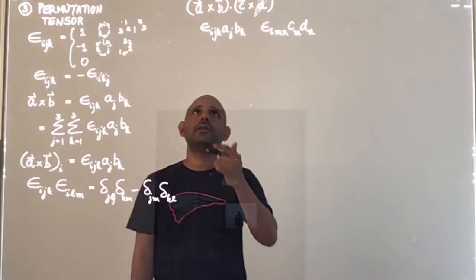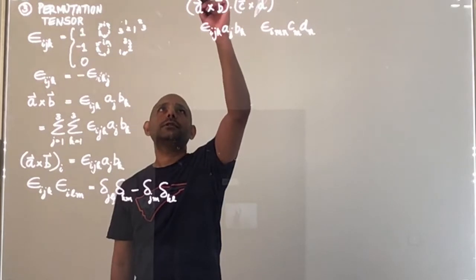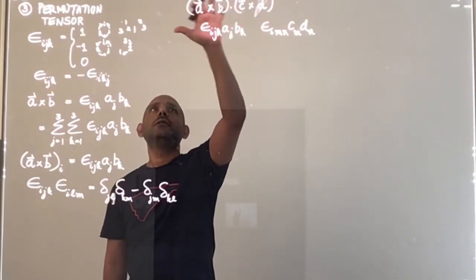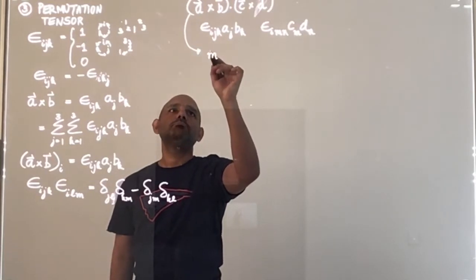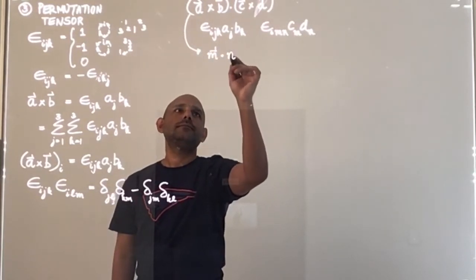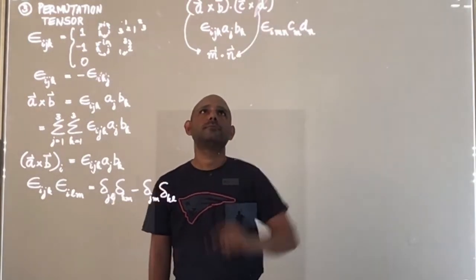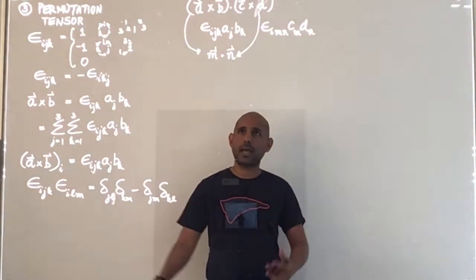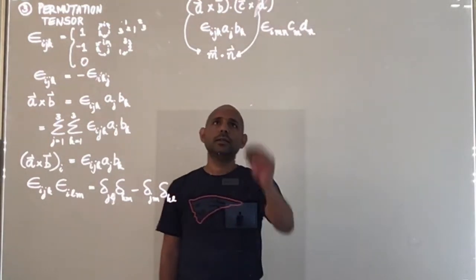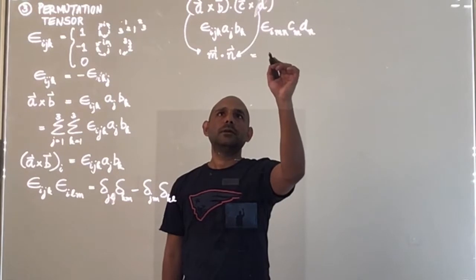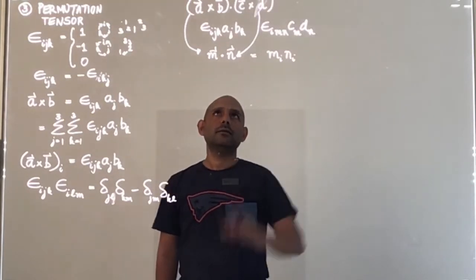Let's take a step back. Let me call A cross B, since it gives us a vector, M, and C cross D, N. So I'm looking at the dot product of M and N, which is Ni, Ni.